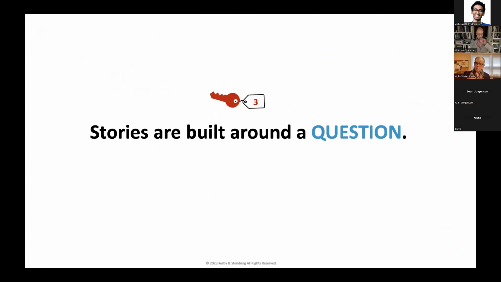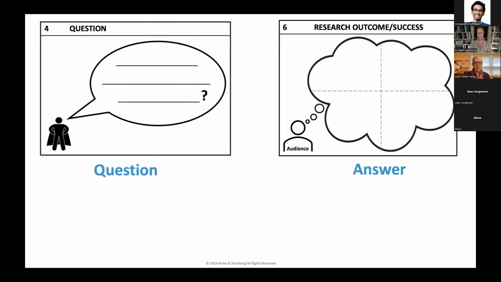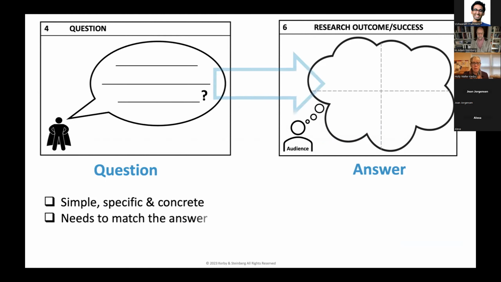Okay, second thing for the card here is stories are built around a question. So the card I just spoke about, that card is the answer. So we need a question, and that's the next card that a participant in our workshop would do. That question needs to be simple, specific, and concrete, and it needs to match the answer.